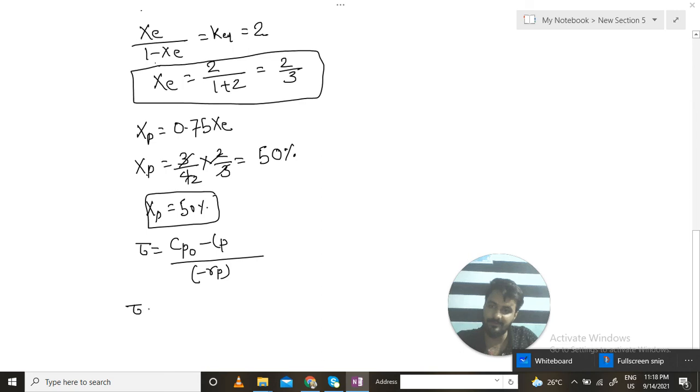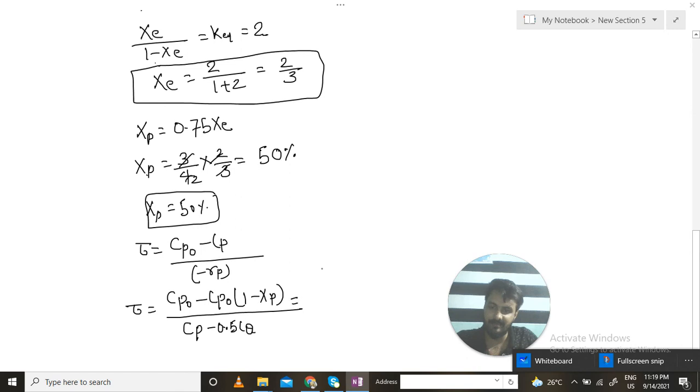So we can write tau is equal to Cp naught into 1 minus Xp... here you can write Cp naught minus Cp naught into 1 minus Xp, I mean after conversion of 50%, upon the rate of reaction that was given as Cp minus 0.5 Cq.